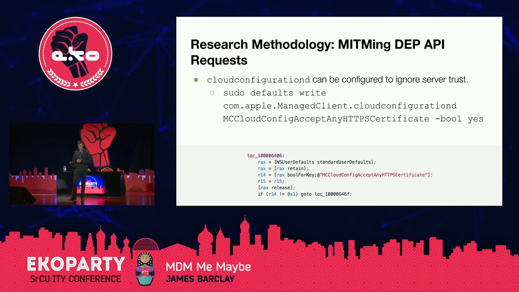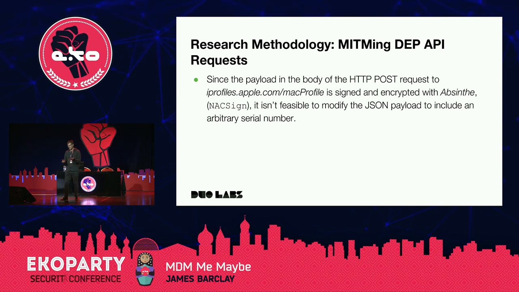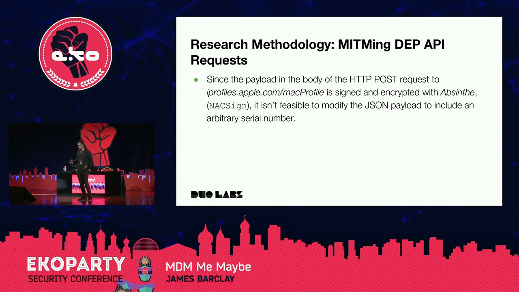Cloud Configuration D does certificate pinning, but we found that this can pretty easily be changed by flipping the MC Cloud config accept any HTTPS certificate flag to true. But like I mentioned earlier, this payload is encrypted, so it wasn't feasible to modify it before it's actually sent to the API without having the keys required to decrypt it.